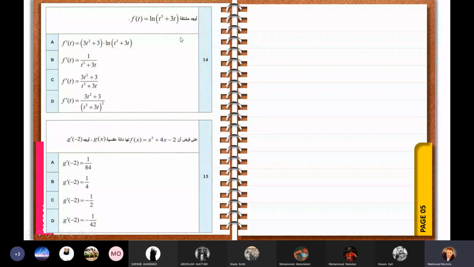Okay, now find the derivative. F of t equal ln of t cubed plus 3t. So it becomes 1 over t cubed plus 3t.